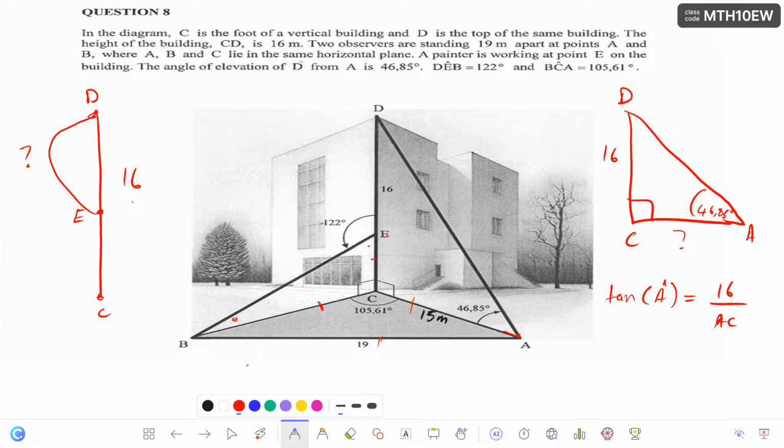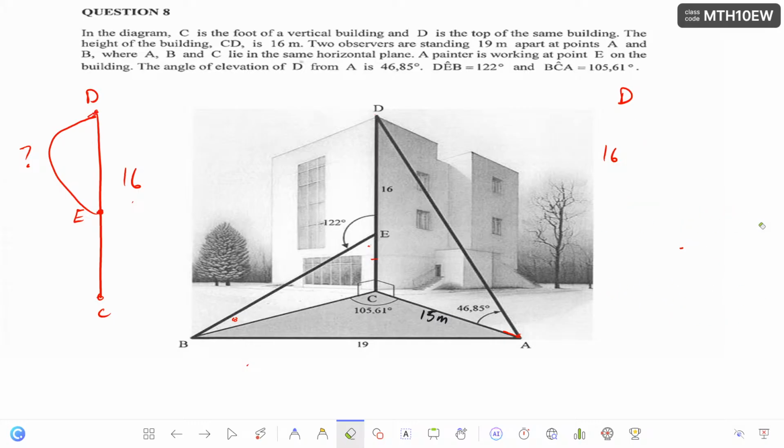If we calculate EC, yes, we can subtract EC in order to get ED. I hope you're following and you understand. So first of all, let's calculate this length, BC. Let me erase this so that I can explain while you see the diagram.